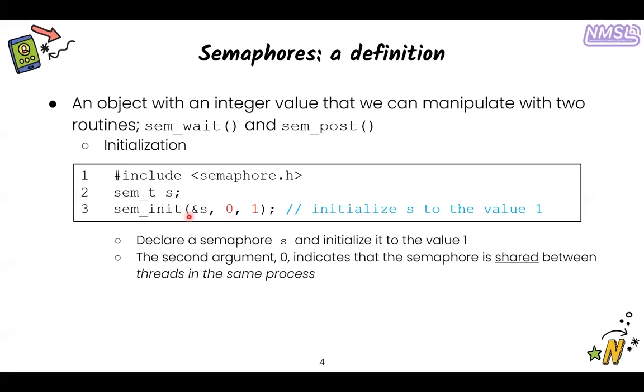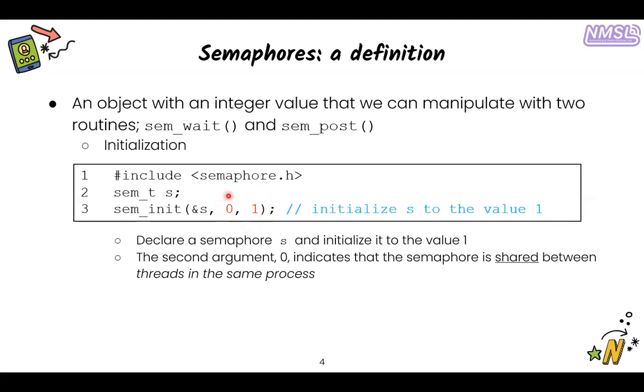Now the key part here, S is a semaphore. The third parameter here, 1, means we're initializing it to 1. And as we'll see today, what value we put here is very important.